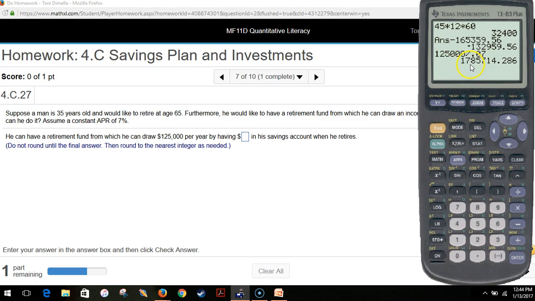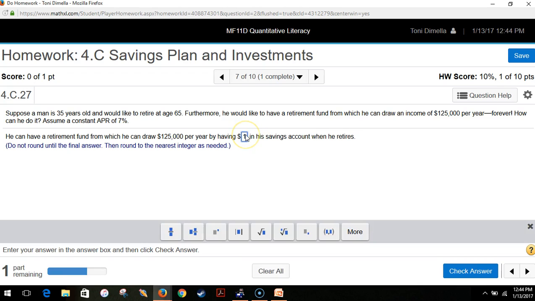Let's see, 1,785,715, and we can check this by saying, well, what's 7% of that? And we get the $125,000. So in order for me to pull out a $125,000 salary per year when I retire, I need to have well over $1 million, nearly $2 million in my account when I retire. Rounded to the nearest whole integer.